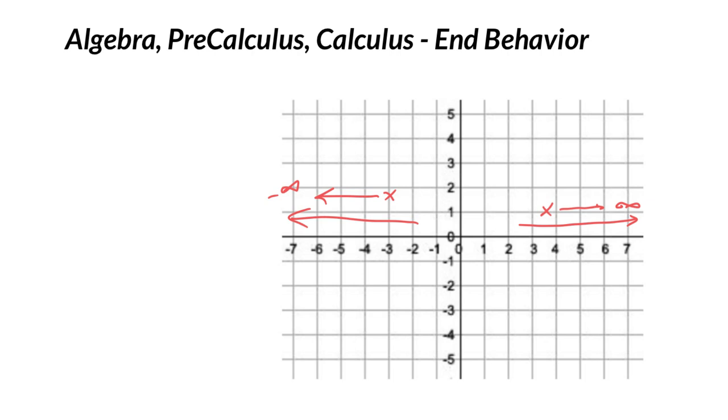This can be done really easily oftentimes with a graph. Sometimes you just have to do it with what you know about a function. So let's talk about a couple of simple functions and a couple of families of functions and how you would know what is happening with its end behavior.